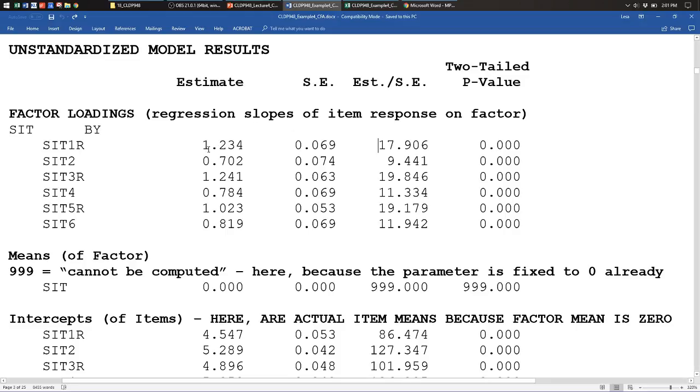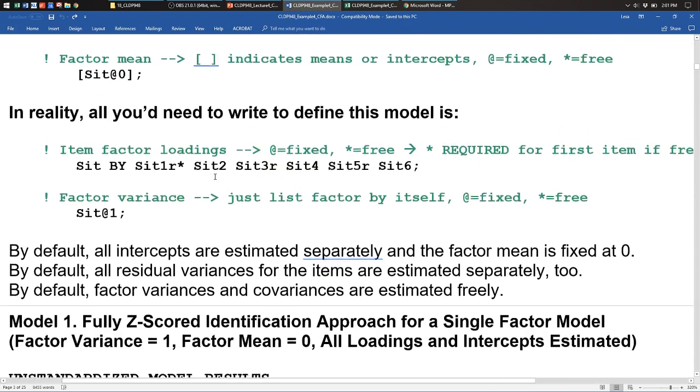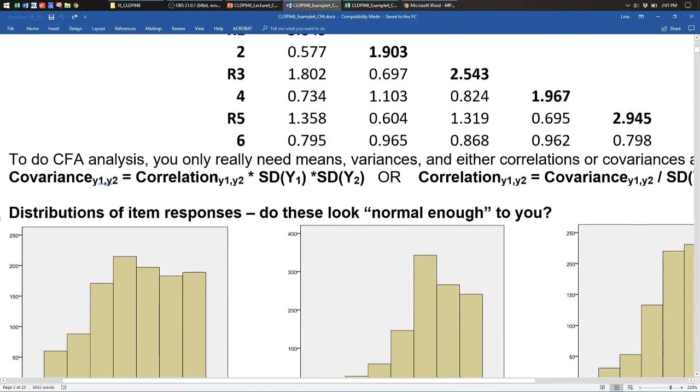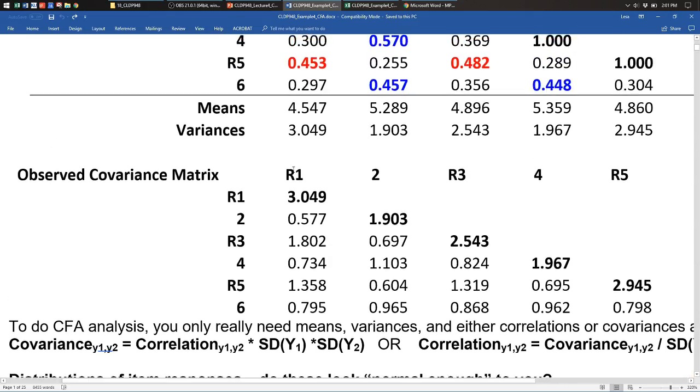Terrible. Now, I look at these numbers here, and these are the loadings of each of the items. You might be tempted to compare them and say, well, 1 is better than 2, but we can't quite do that because these are unstandardized. They're all on a 7-point scale, but the scale, more specifically, is defined as how much variance is in each of these items.